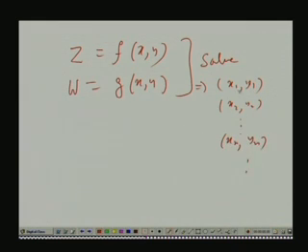Okay, so for x equal to x1 and y equal to y1, this is satisfied. F of x1 y1 is z, g of x1 y1 is w. Similarly, f of x2 y2 is z, g of x2 y2 is w, and so on and so forth.